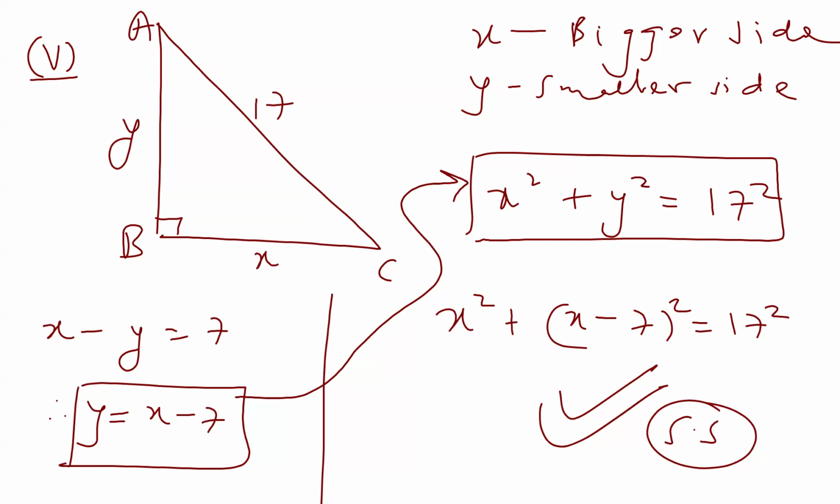Let's go to question number 4, sub question 6. Originally, a rectangle was twice as long as it is wide. So there is a rectangle.